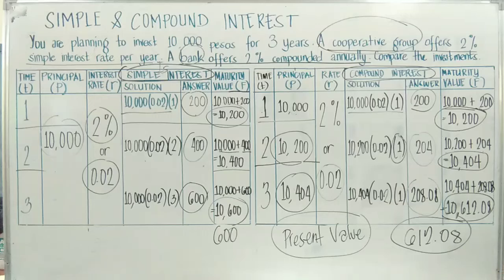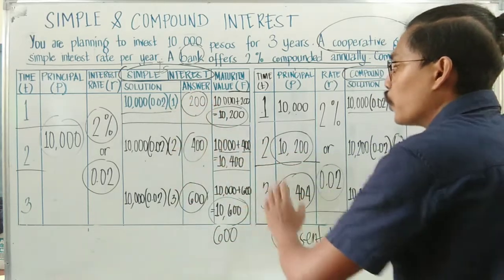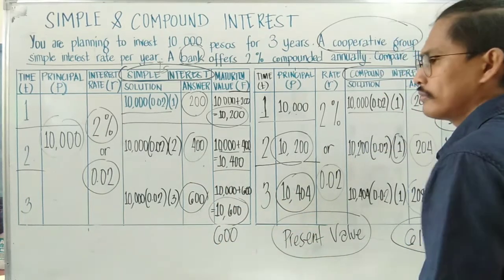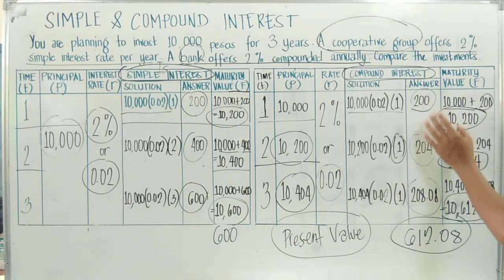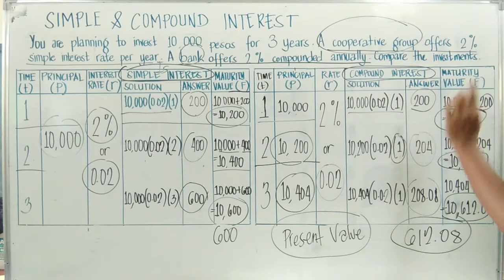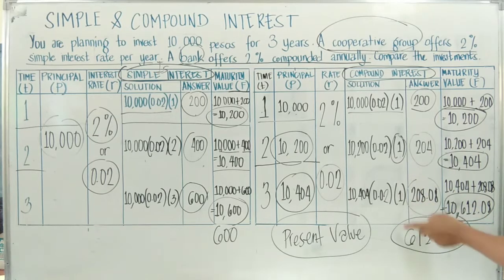What if the investment will be for 10 to 20 years? So if you can see, your money will earn 200 pesos each year, constant. In here, your money will earn each year 200. Now it will become 204. Now another year it will become 208.08.